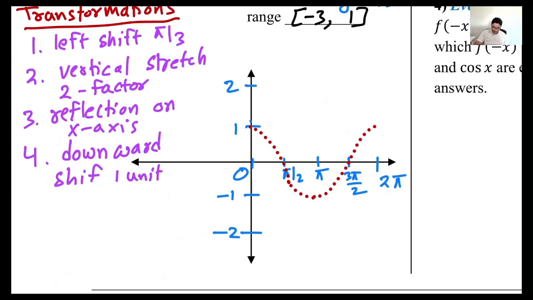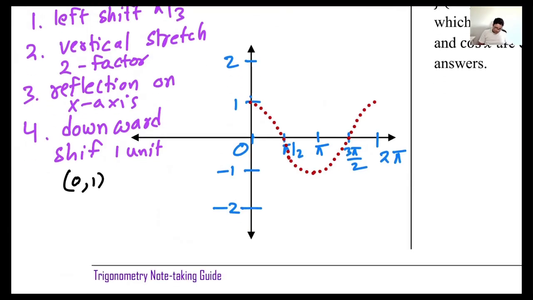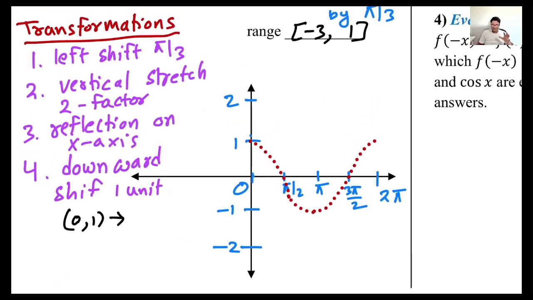What are the transformations? What are the new points? Say you take the point (0, 1). That will become, after all of this, let me do the mental calculation and write the final point if possible. Left shift pi over 3. So that will be at (-pi/3, 1). Then stretch vertically by 2. So that 1 will become 2.